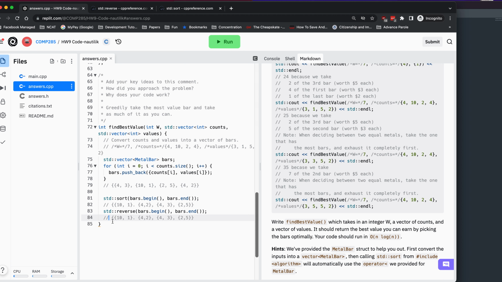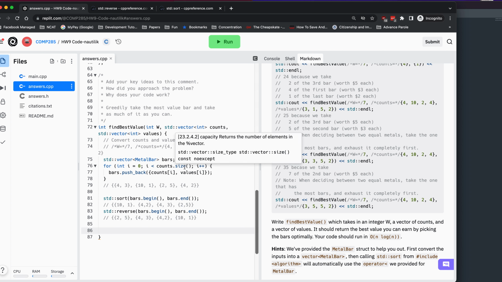So it's just flipping this backwards. So we're going to have 2, 5, 4, 3, 4, 2, and 10, 1 as the least. So now it's going from most valuable, which is $5, to the least valuable.